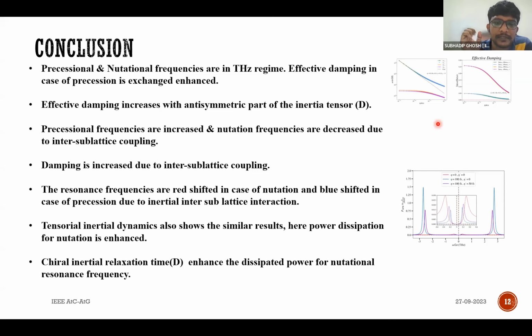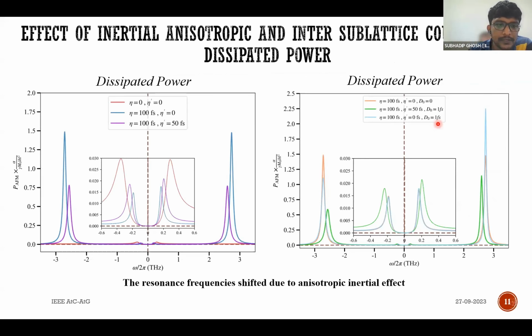And in the susceptibility response, the resonance frequencies are redshifted for nutation motion and blueshifted for precessional motion. You can also see here that the nutation motion somehow suppresses the precessional motion.